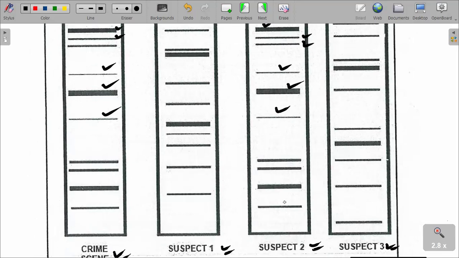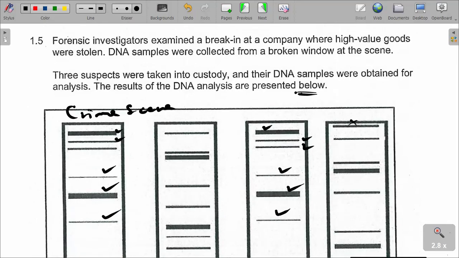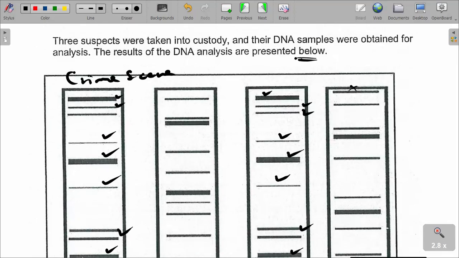So we are saying the likeness or the matching of the sample to the suspect defines who was at the crime scene. As you can see, we are saying the matching of the DNA profile collected from the crime scene versus the suspect.